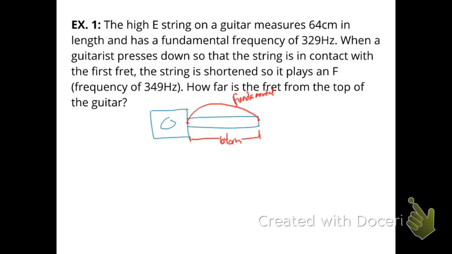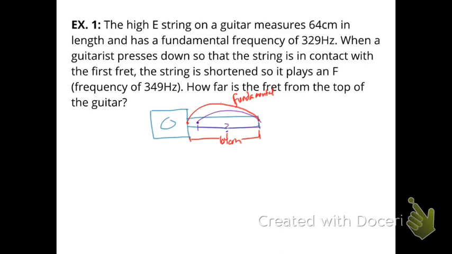So if that's the first fundamental here, I'm going to put the F key right here. And how far do I have to place it from the top of that guitar to end up with a sound, to get that F?